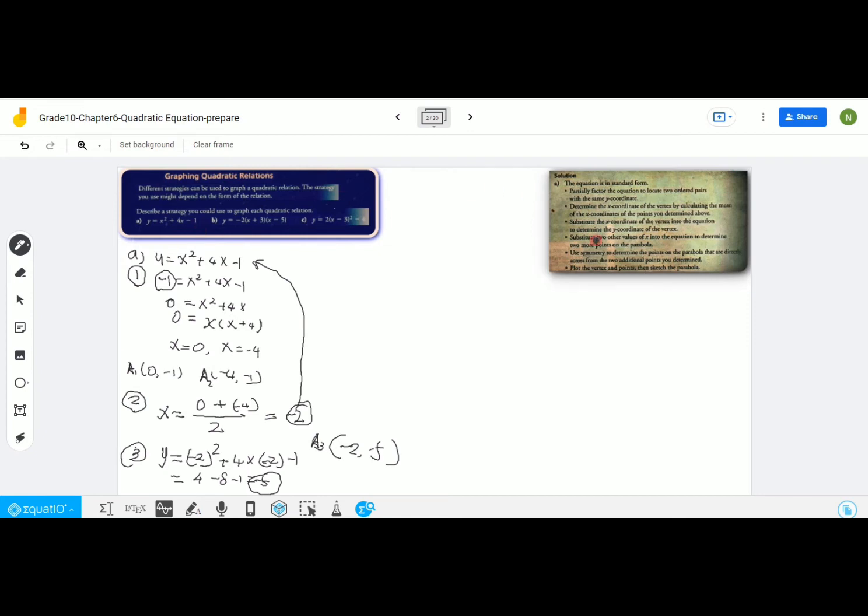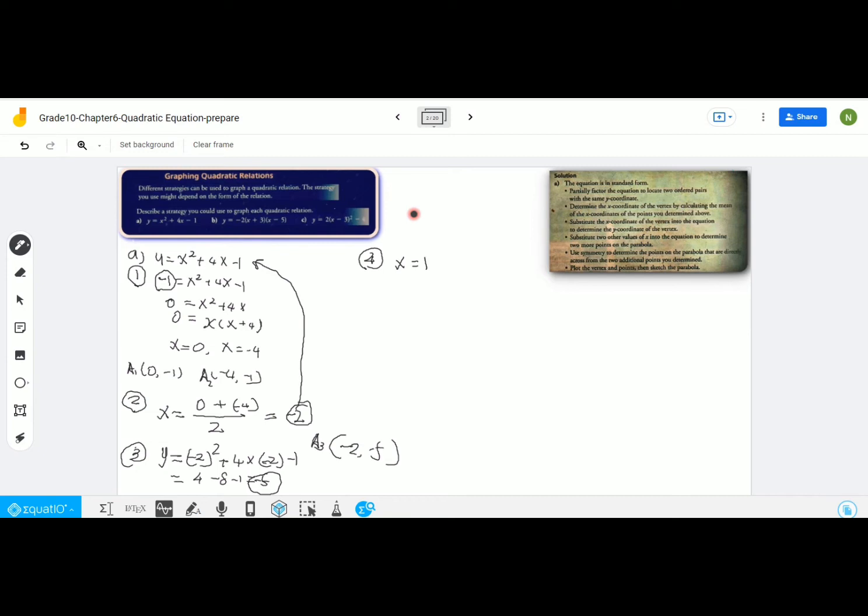So the next step is to substitute the x coordinate of the vertex. No, we already did. Substitute 2 other x values into the equation to determine 2 more points on the parabola, which means we can take any 2 x values and find the y values. So step 4. We can set x equals 1, to make it easy, right?